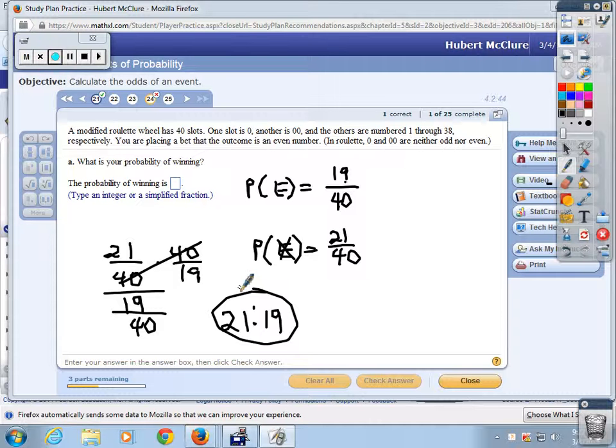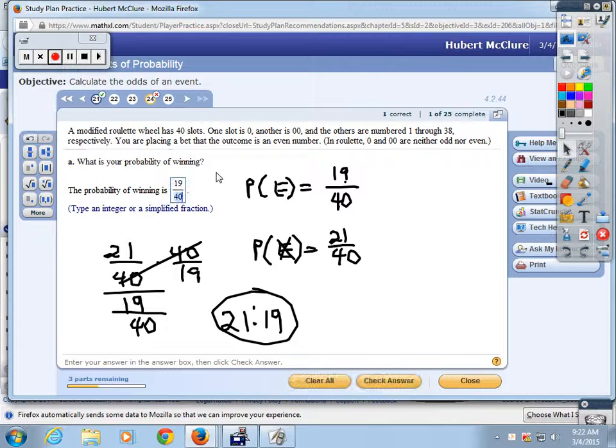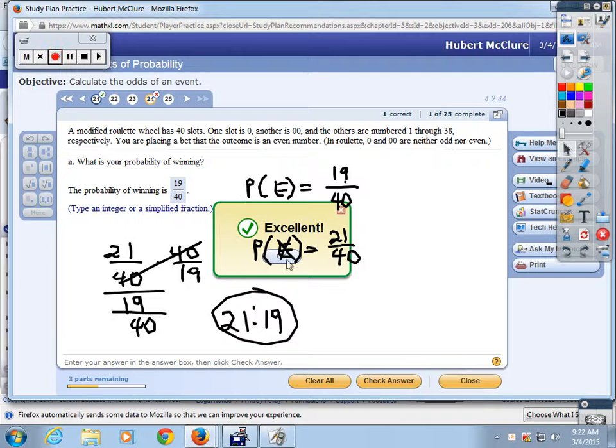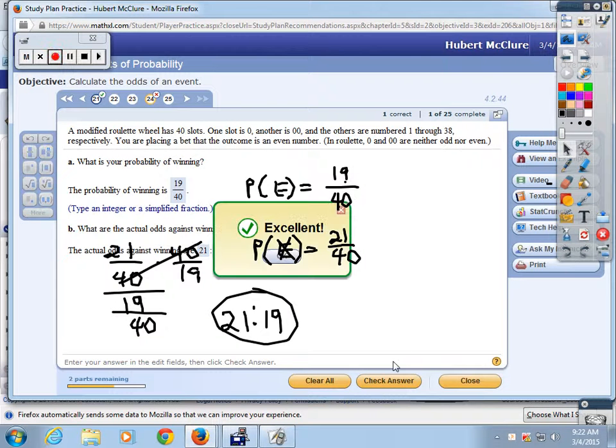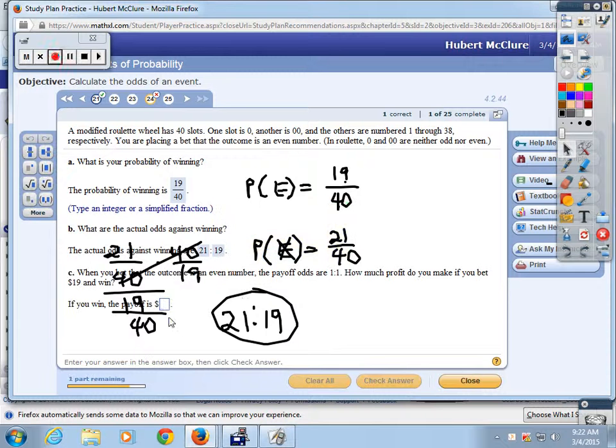So the first one is 19 over 40. And this is 21 to 19. And the last one is the same. How much money? 19.